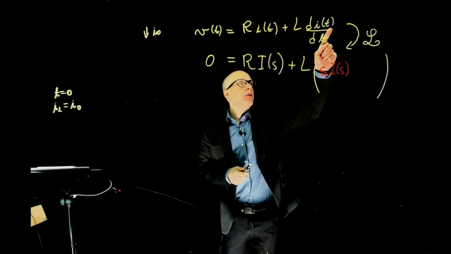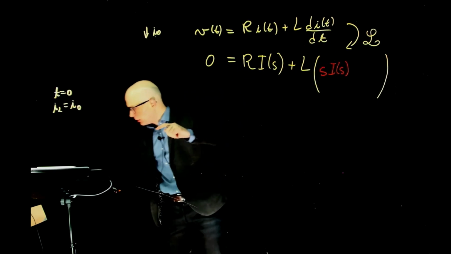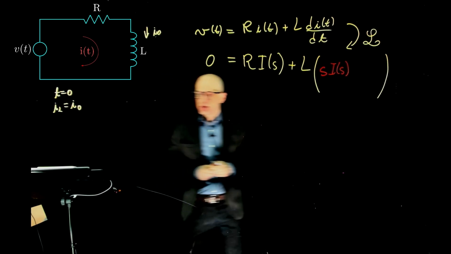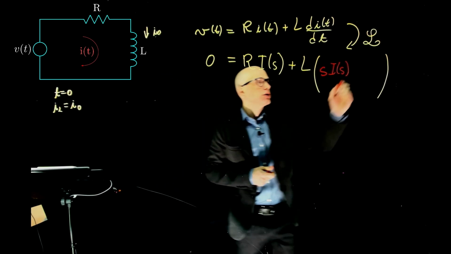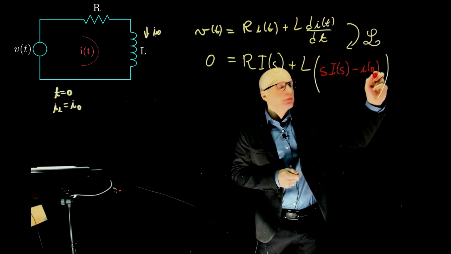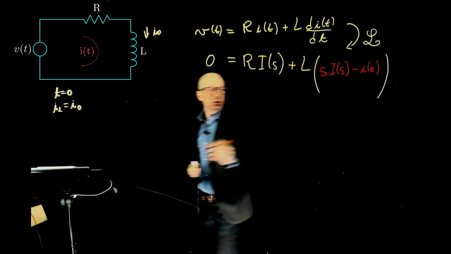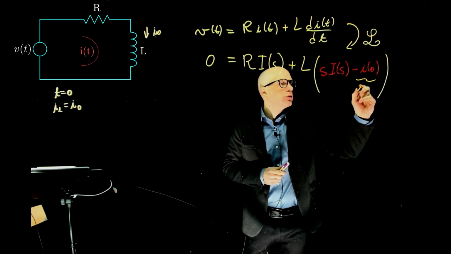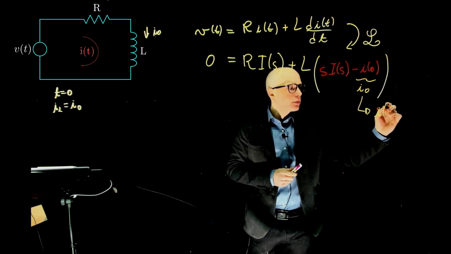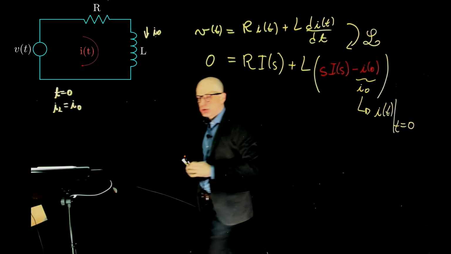Well, the initial condition is the initial current, which turns out to be the current that already exists in the inductor. So this is minus I of 0. And I of 0, we call that I0, or the current when time equals 0.